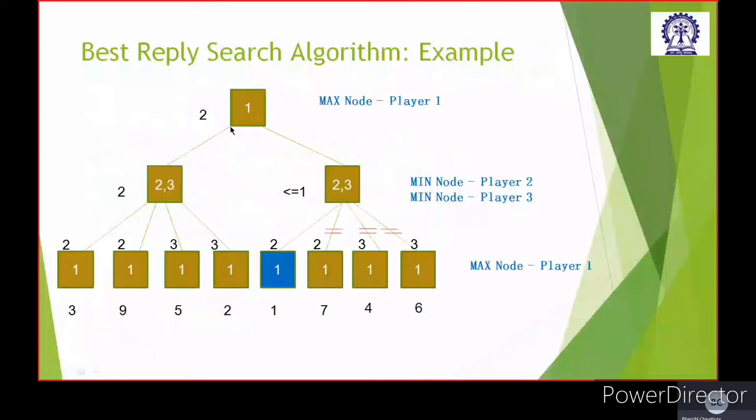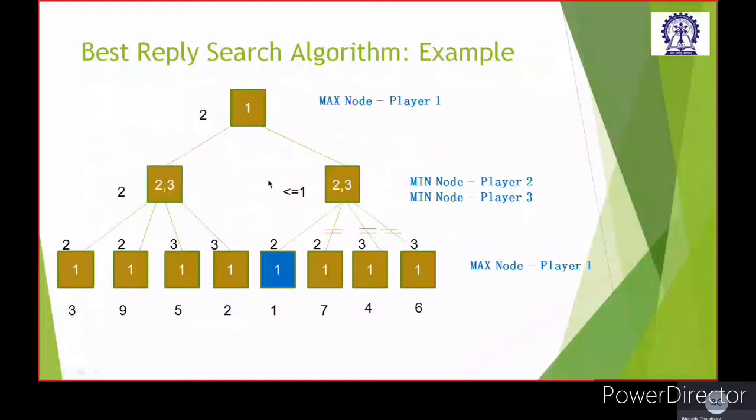Here we have the value 1 for player 2, and this value 1 is actually less than the alpha value, and we can't get any value greater than 2 here which can maximize the player 1 node. Since alpha is greater than or equal to beta, the regular alpha-beta pruning happens here, and the other node values are terminated.